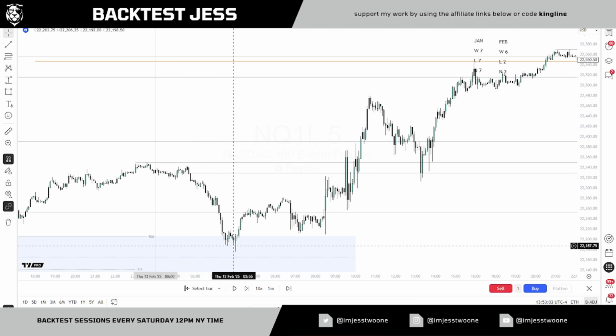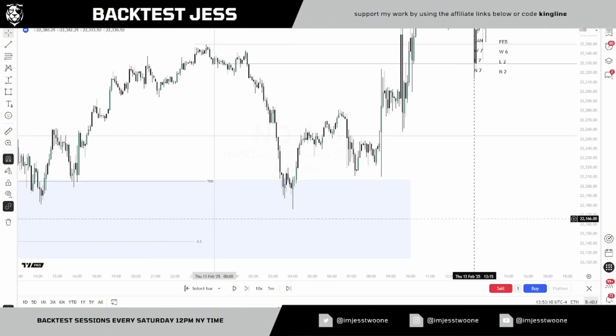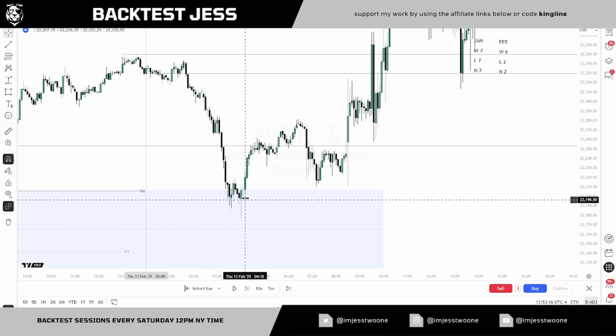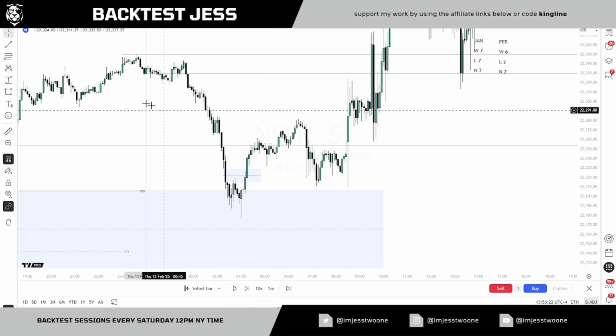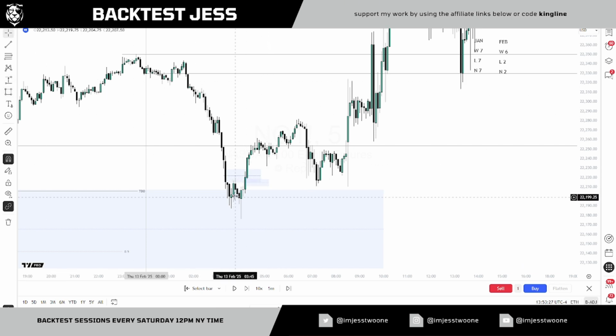Just ironically, we have my model forming in this 1 hour BPR, right? So we have 5-minute coming down into this area. We run sell stops. We trade higher. If you know my model, I'm looking for 2 gaps, 1, 2, and a block, a solid block.